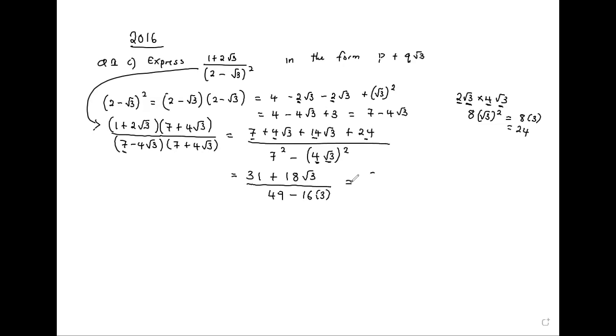So I'm going to get 31 plus 18 root 3 over 49 minus 16 times 3, that is 48. So 49 minus 48, we get 1. So 31 over 1 plus 18 root 3 over 1 remains just that as our solution.